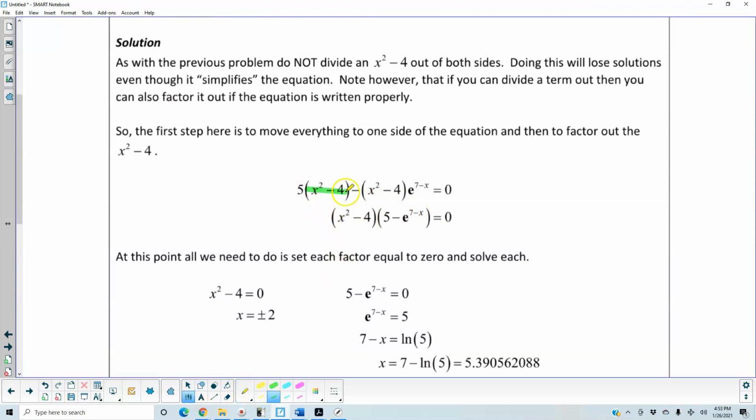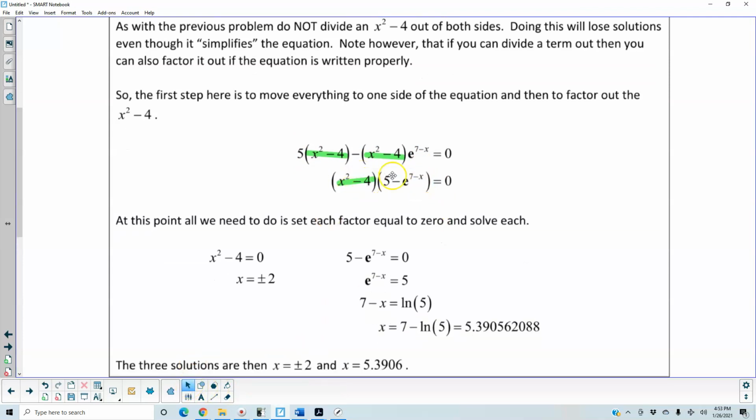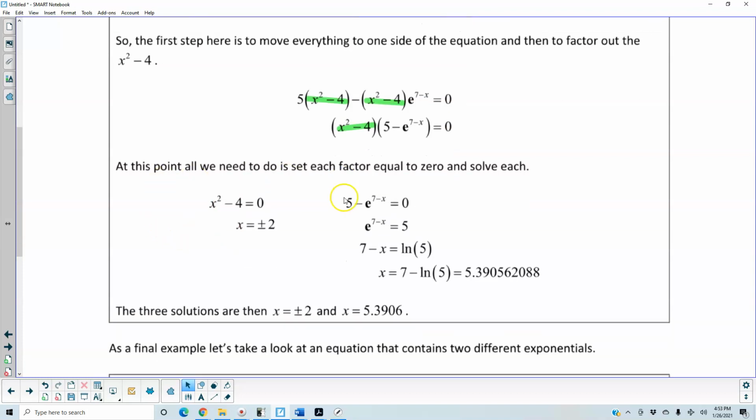What's remaining is 5 minus e to the 7 minus x, which is equal to 0. So now we have two things that we can set equal to 0. Using the zero product rule, x squared minus 4 is equal to 0. If we add 4 to both sides and take the square root, we get two solutions: x is equal to plus or minus 2.